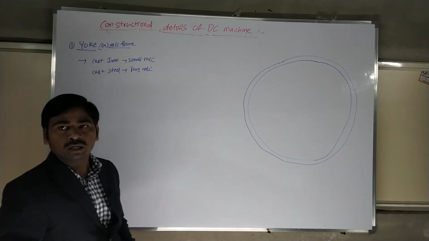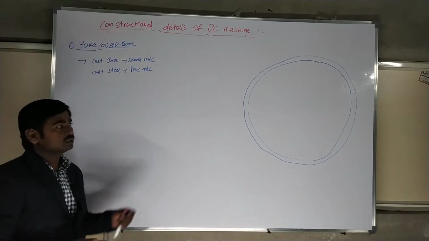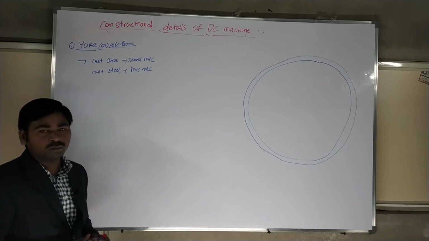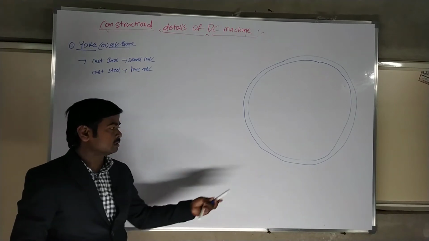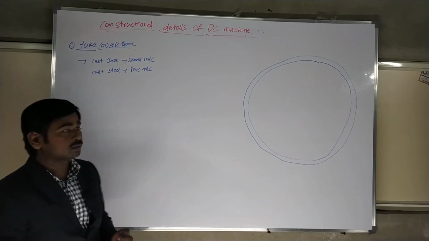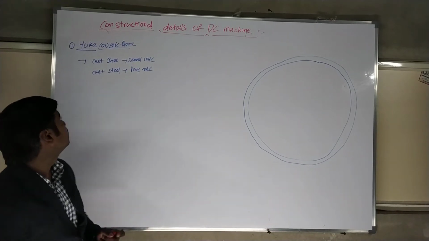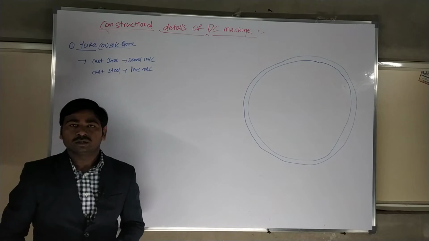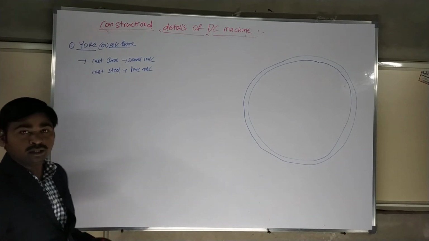So this is the main intention of the yoke: the outer cover of the body, through which flux distribution takes place, and it protects our components. The materials are cast iron and cast steel.